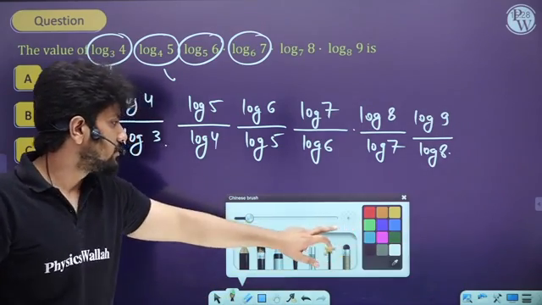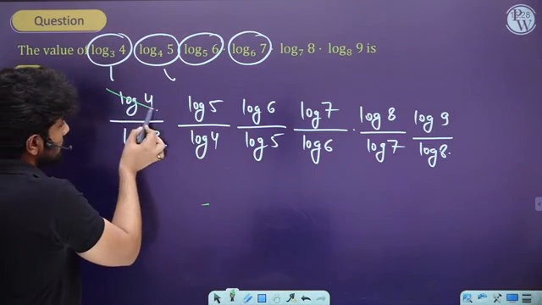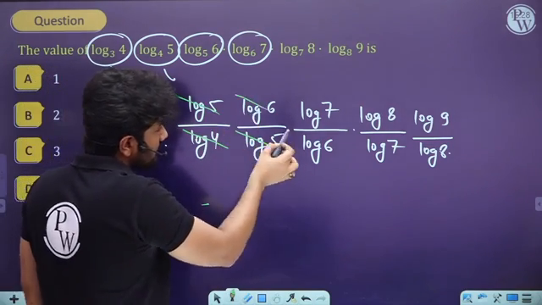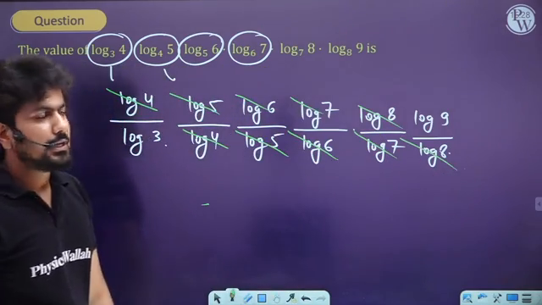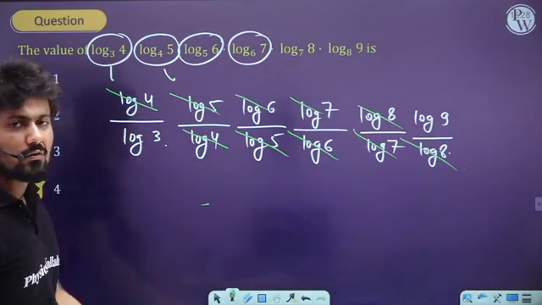Now you can see things getting cancelled out. Because they are in multiplication, log 4 will get cancelled out, here log 5 will get cancelled out, and in the similar way all of these things will get cancelled out. Now what do we have? We have log of 9 upon log of 3 remaining.